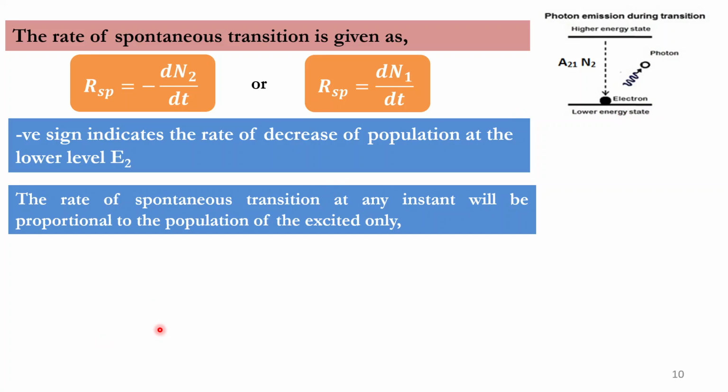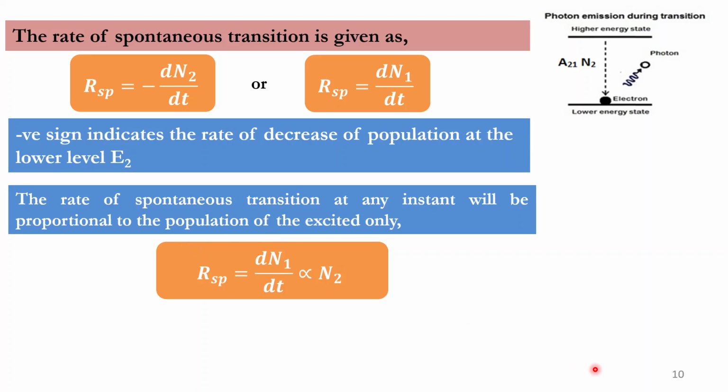In the case of spontaneous emission also, the rate of the spontaneous transition at any instant will be proportional to the population of the excited state only. We have already considered the population of the excited state as N2. Therefore we can write dN1 by dt is directly proportional to N2.